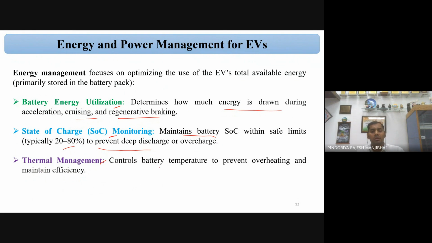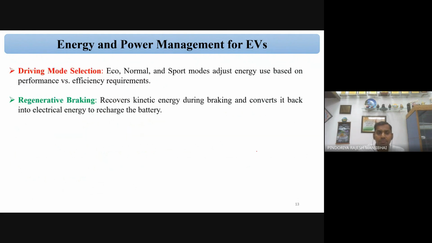Thermal management: control the battery temperature to prevent overheating and maintain efficiency. So that's thermal management. Driving mode selection: maybe eco mode, maybe normal mode, maybe sport mode. Any mode you can select, and you can save the energy.